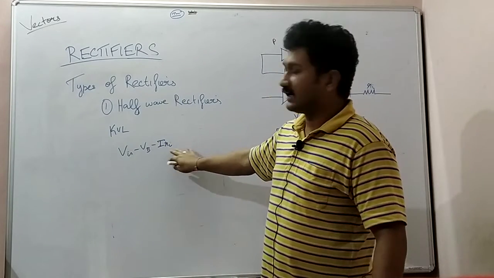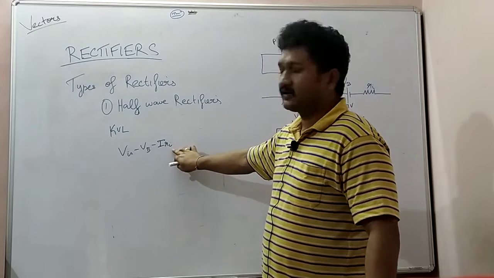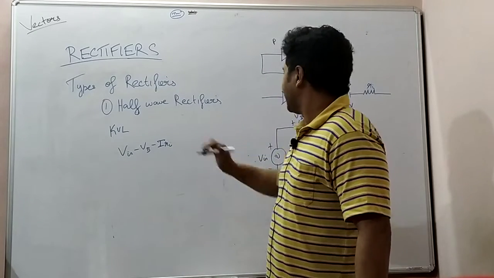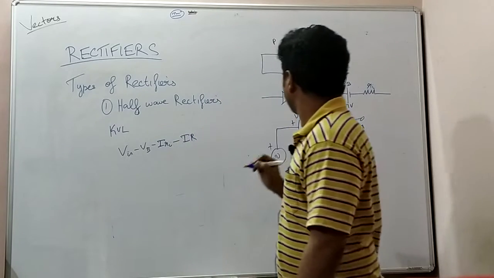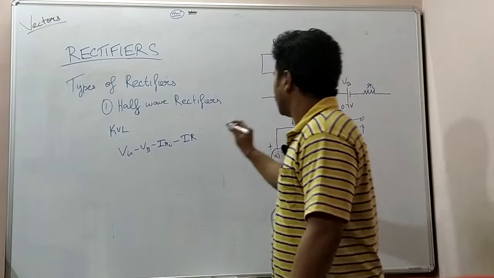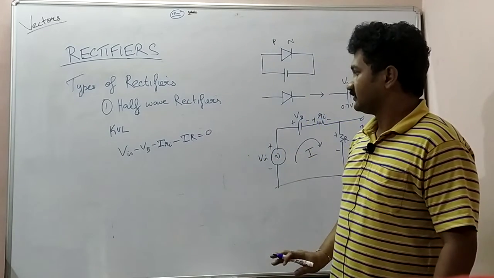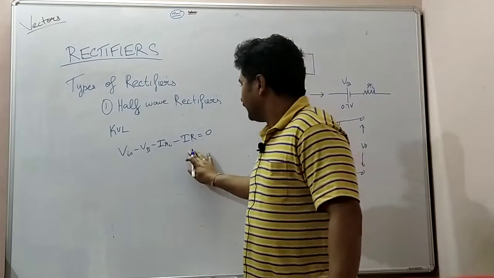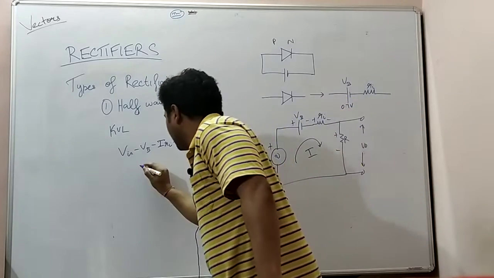Here since we are writing the equation in terms of voltage, we are writing IR. V is equal to IR, no? So that we are writing I RI minus I R equal to 0. So this is the equation. Here I want to write this equation in terms of I. How will I write?